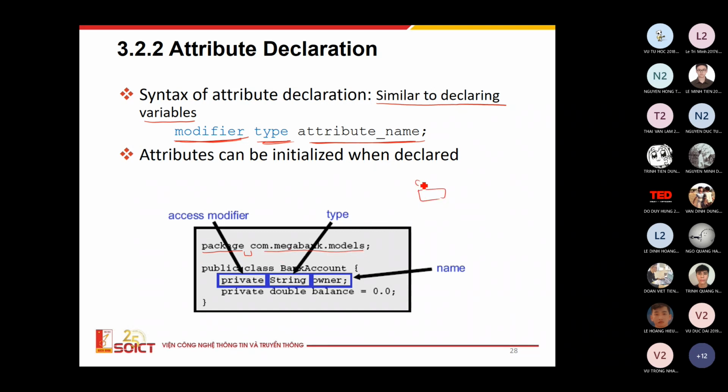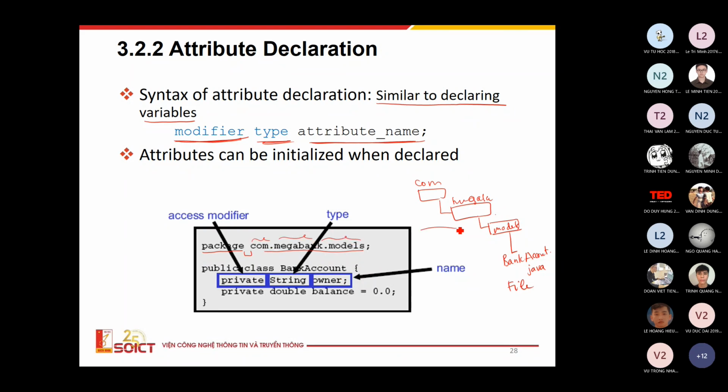You will see one folder named com, one folder named megabank, and one folder named model. And inside this folder, you have the BankAccount.java class file.